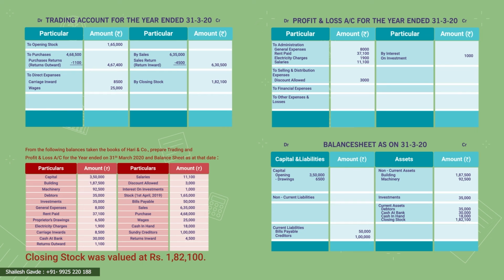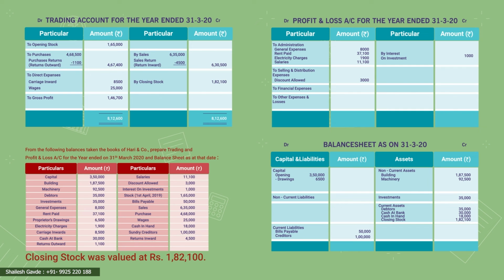Now, if you take the total of trading account credit side, it comes to 8,12,600, which is higher. So the same total we record on debit side, 8,12,600. From that we deduct debit side of trading account. The difference we get is 1,46,700 on debit side, that is the gross profit. So in trading account we got a gross profit of 1,46,700.